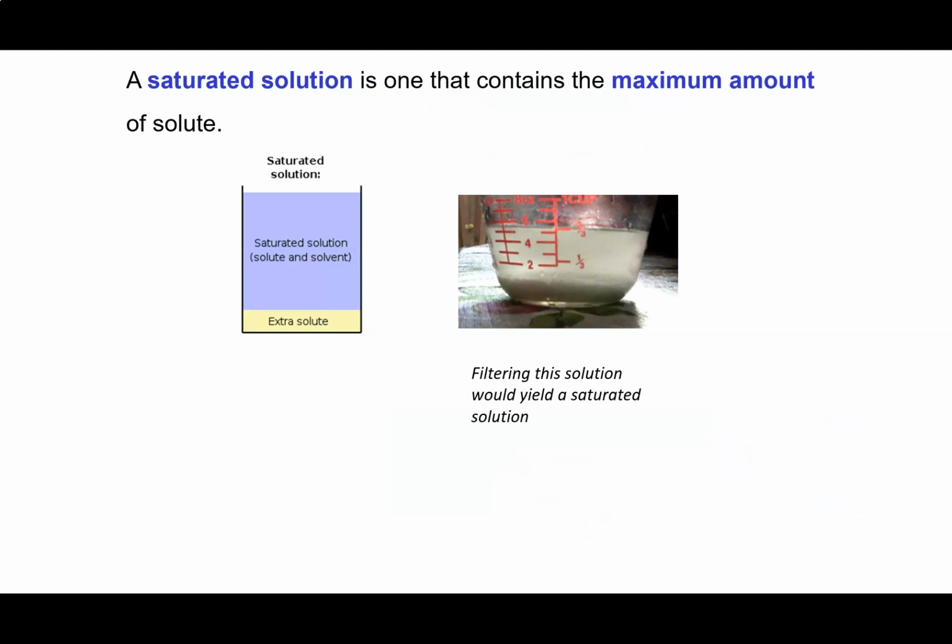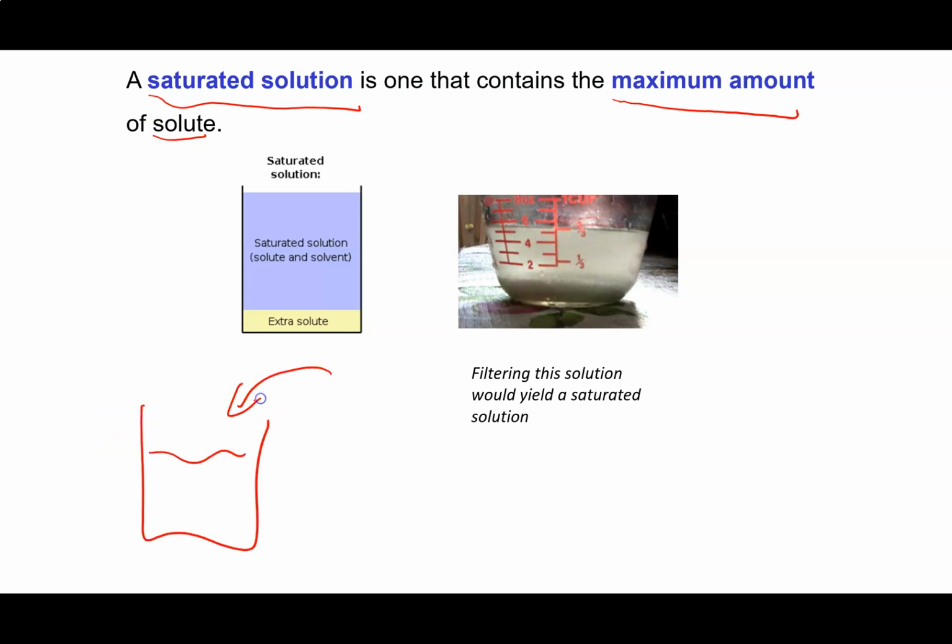Okay, so a little bit of terminology about solutions that we haven't covered yet. A saturated solution is one that contains the maximum amount of solute. So basically what we do is we take our solvent and then you keep adding solute until some falls to the bottom.